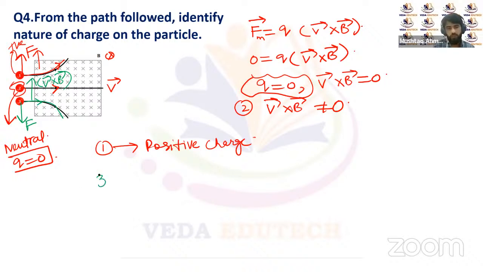So the third particle will once again be a charged particle, but the charge on it will be negative. So the second particle is a neutral particle, the first particle is a positively charged particle, and the third particle is a negatively charged particle.